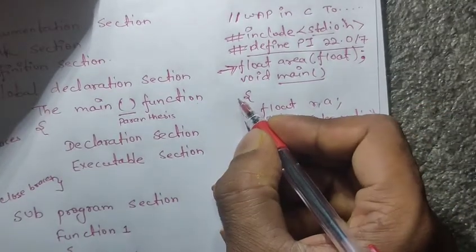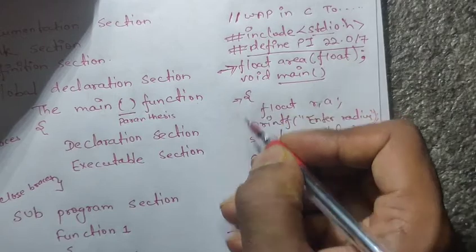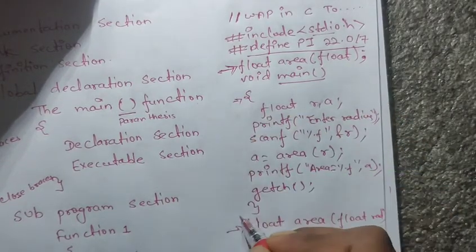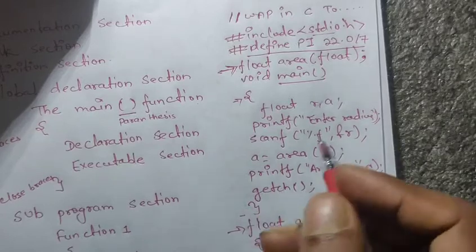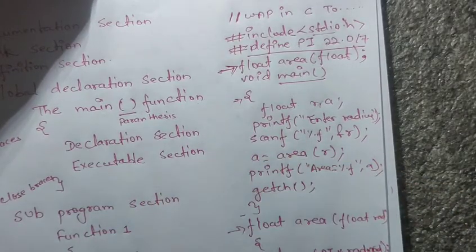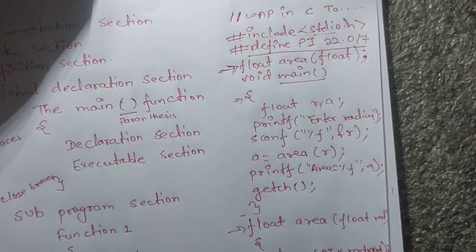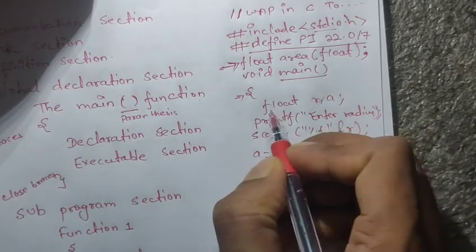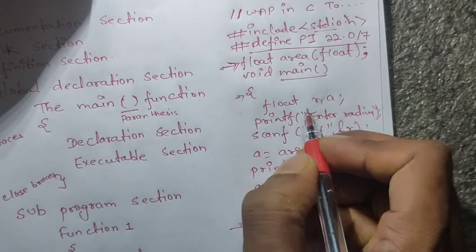So the open brace is there to start the main section, from here to here, as you are seeing. Okay, in the main function there will be two types of sections: the declaration section and the executable section. So what is the declaration section? Now see here, I am declaring some variables, like float.